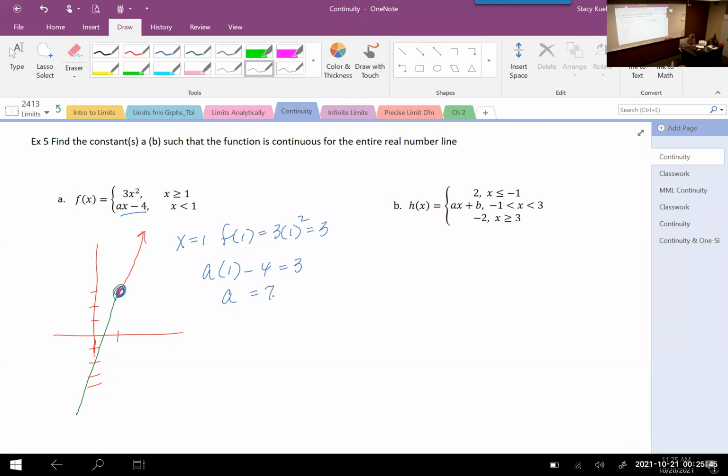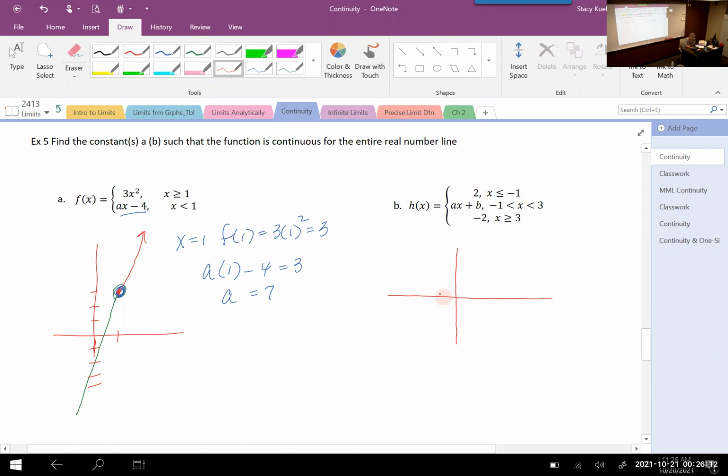There's only one unknown in that particular piecewise function, a. In the second one, we have 3 pieces to the function, and there are 2 unknowns in that. So let's look at what that function would look like really fast.